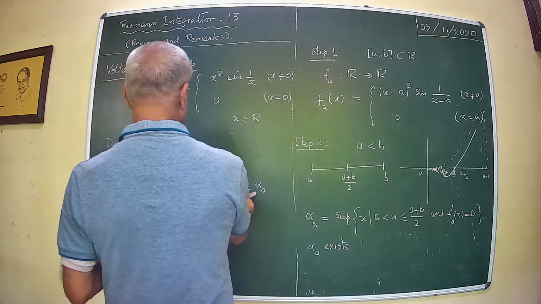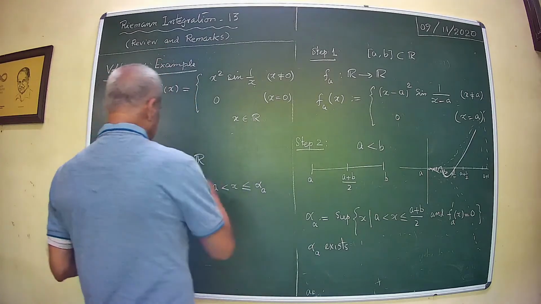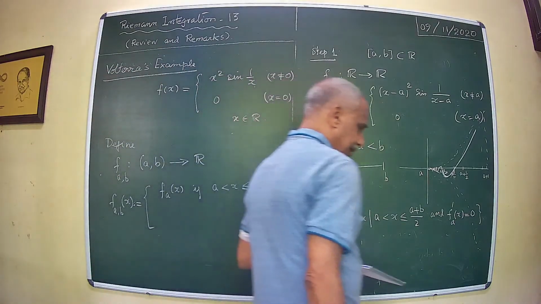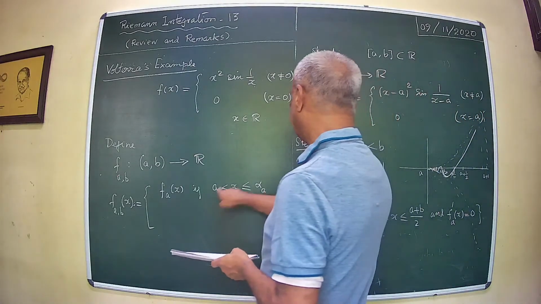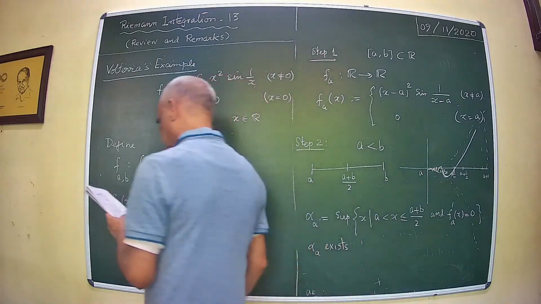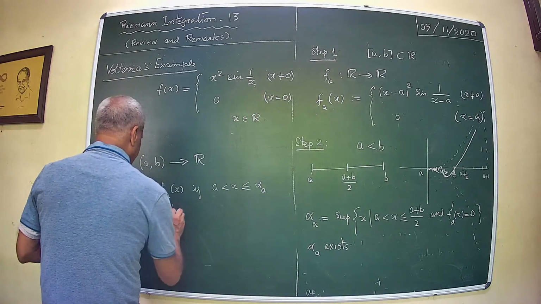So it attains a maximum or a minimum at this point. That's the point. This is the last extrema that the function attains on the interval a to a plus b by 2. Then you define the function to be f a at alpha a.